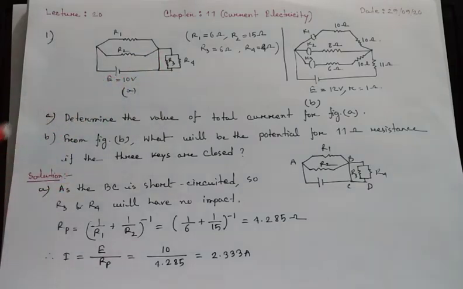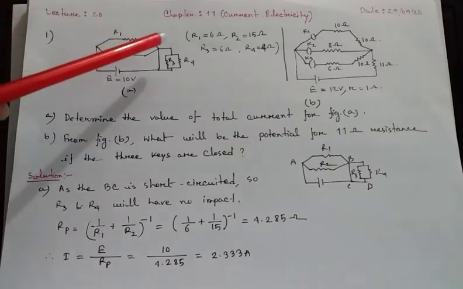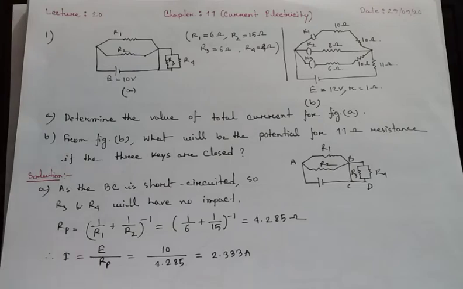Here the battery source is 10 volt, or the potential is 10 volt, and the values of the resistors are R1 6 ohm, R2 15 ohm, R3 6 ohm, and R4 4 ohm. These are the parameters for this circuit.